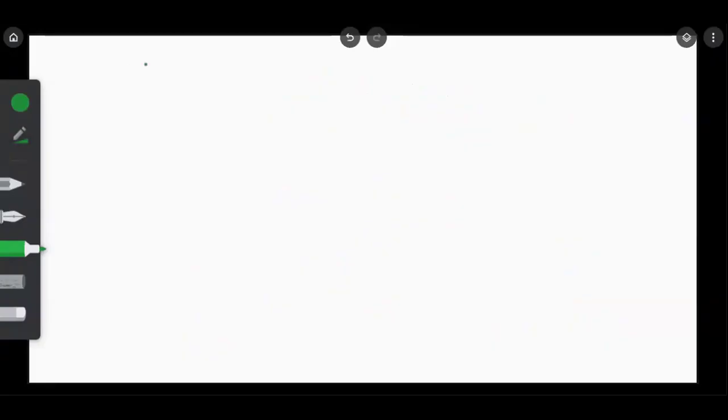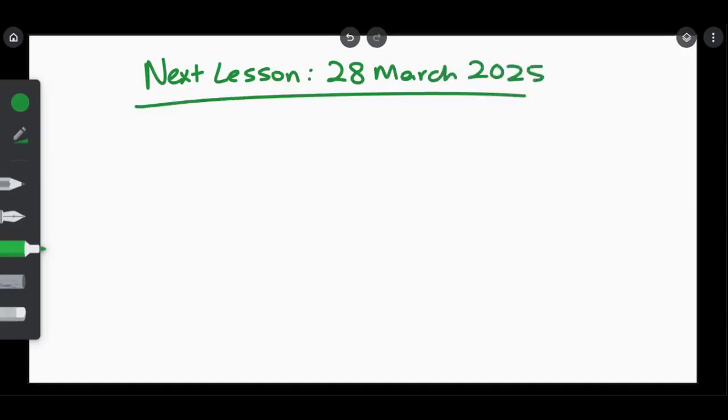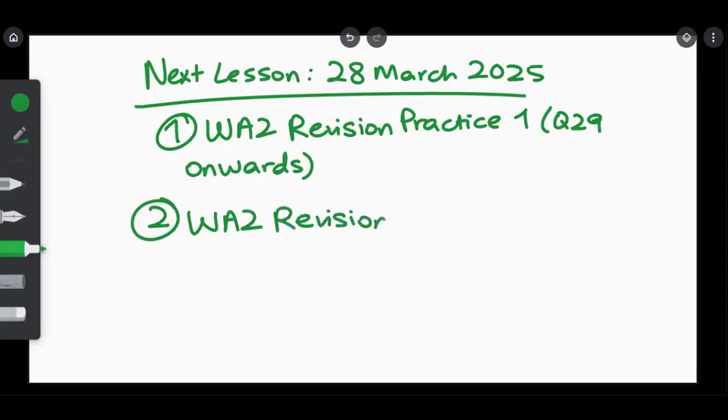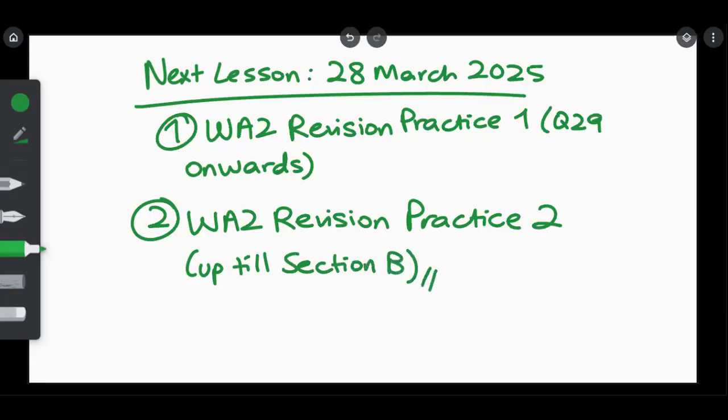So next lesson, okay, we'll be covering WA2 Q29 onwards, and okay, up to section B. Okay, we see how much of practice 2 we can cover first.